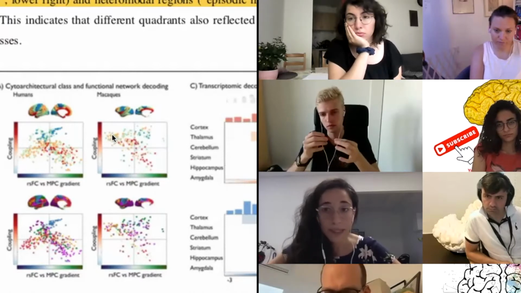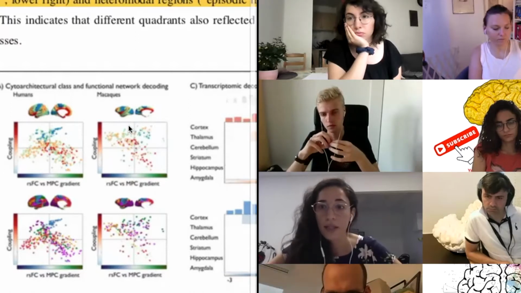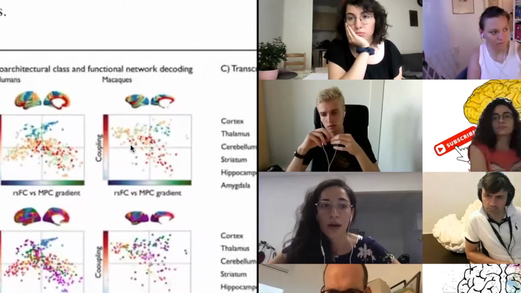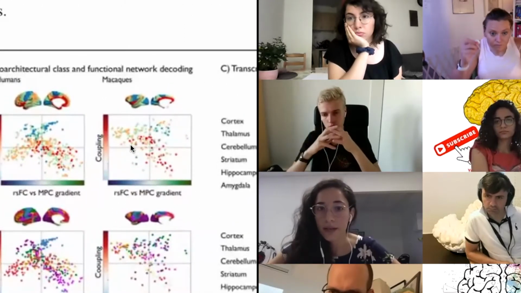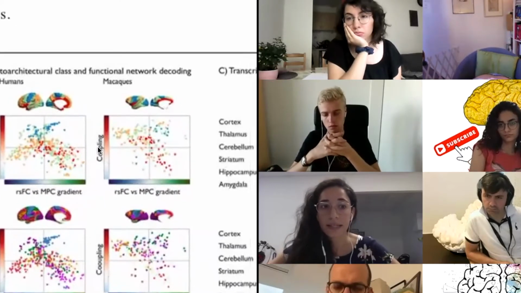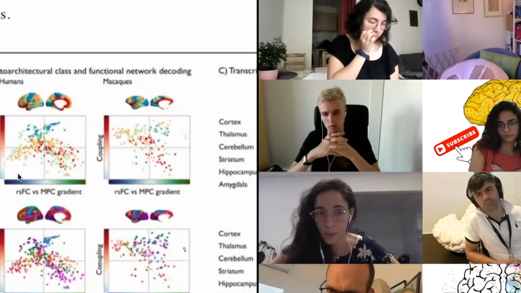But in macaques, the left upper quadrant, so this one, also contains frontoparietal and default mode networks that are in the lower left quadrant in humans.